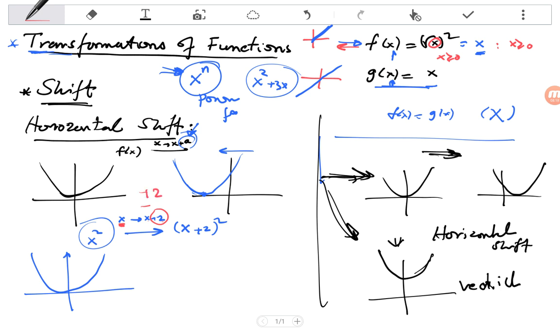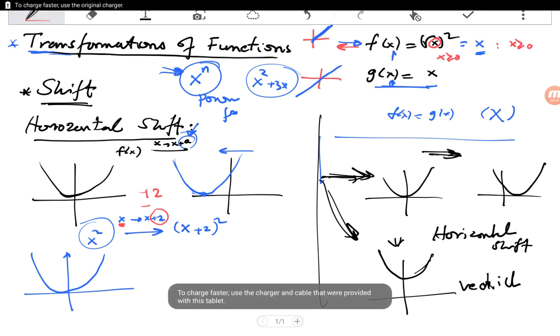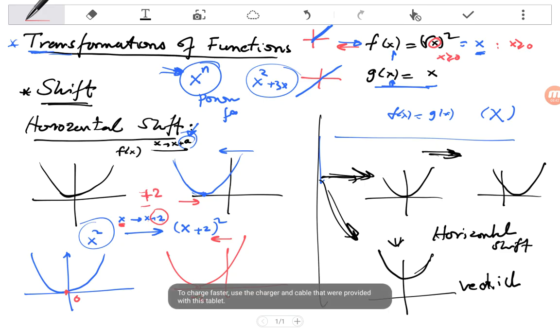In which direction would I shift the graph, right or left? To the left, yes. So I will shift it in the opposite direction, which is negative 2. So that will be like this. Instead of starting at 0, it will start at negative 2. So I just shifted like this.